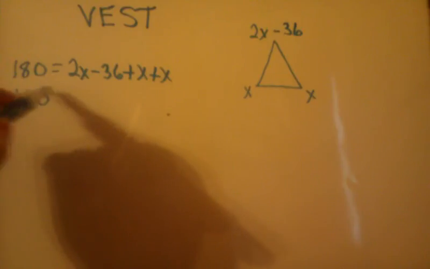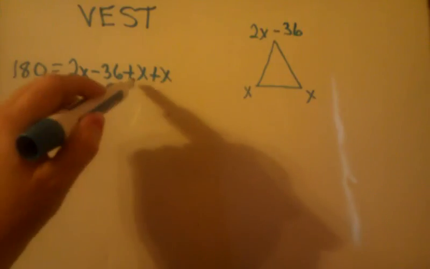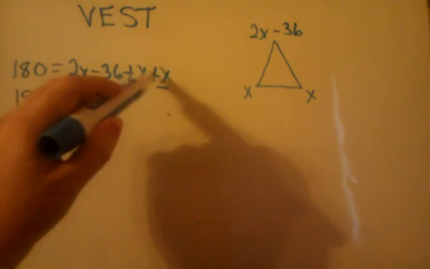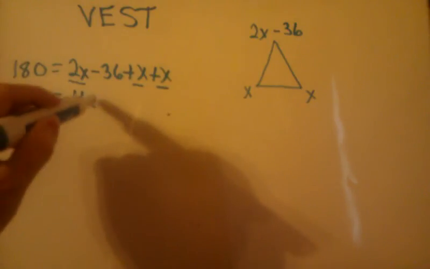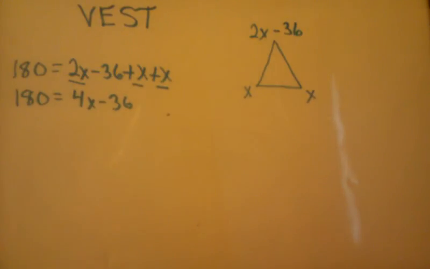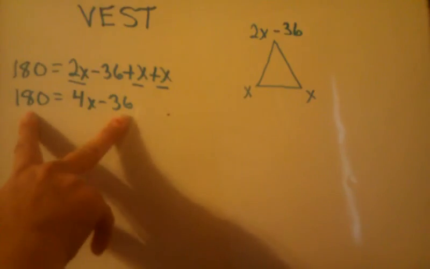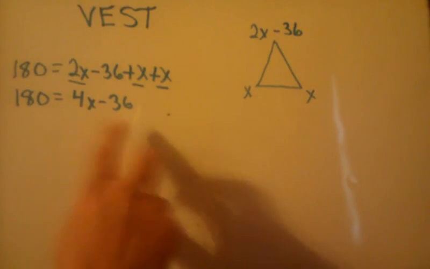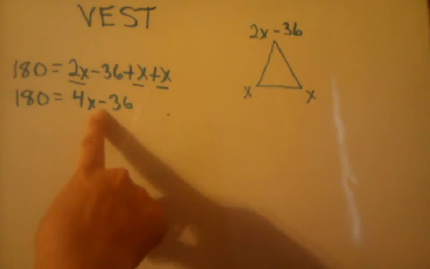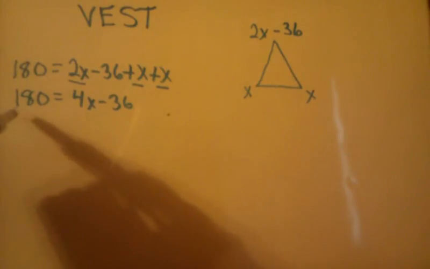Let's combine like terms. Here's an x, there's an x, and there's an x. 2 plus 1 is 3, plus 1 is 4. 4x minus 36. Now I have to add and subtract. Which terms are like? These are the like terms. So I need to get rid of the 36. I already have subtract, so I'm going to have to add 36 to both sides.